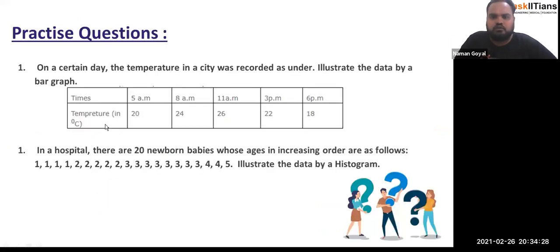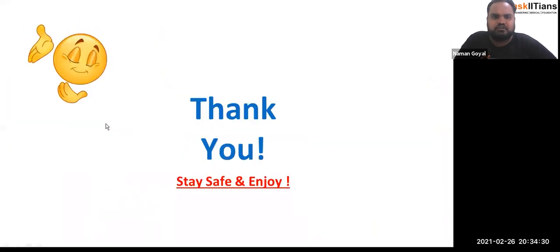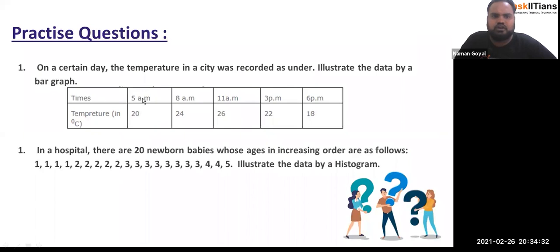Now there are some practice questions. You have to draw this. So you can draw the bar graph of this one. For this particular question, you have to take time on the x-axis and temperature on the y-axis. And the same for this histogram.